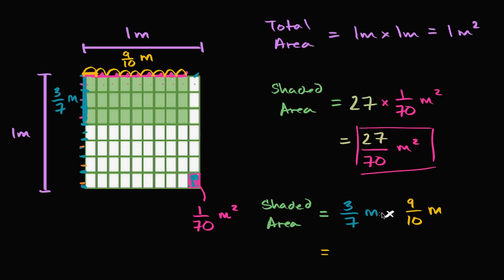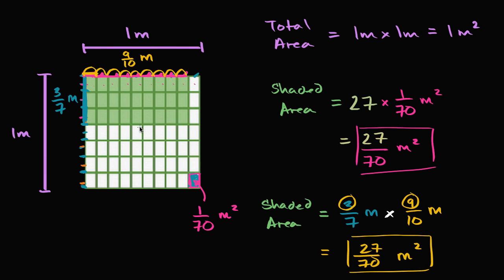Well, meters times meters is going to get square meters, which is what we want. And then we can multiply the numerators and multiply the denominators. 3 times 9 is going to give us 27. And 7 times 10 is going to give us 70. Exactly what we had before. 27/70 of a square meter.